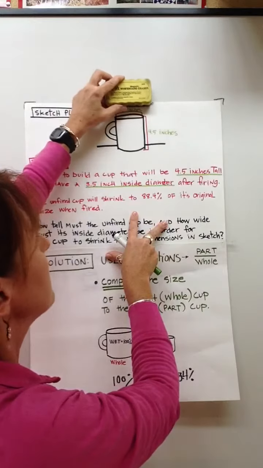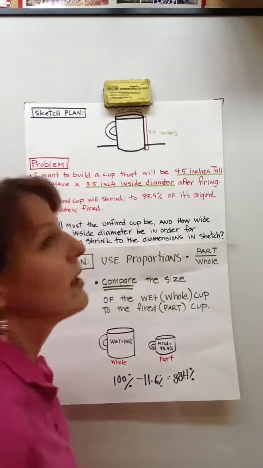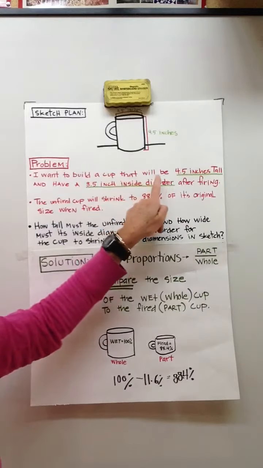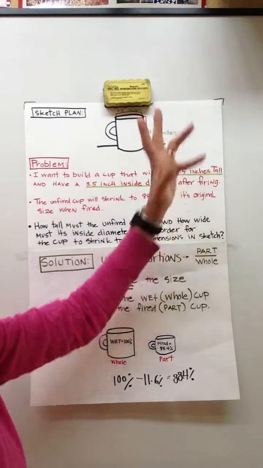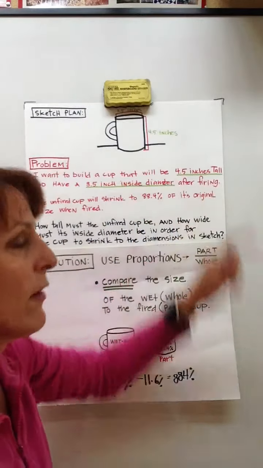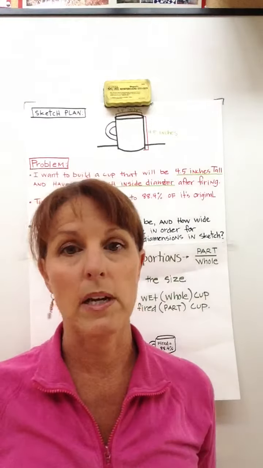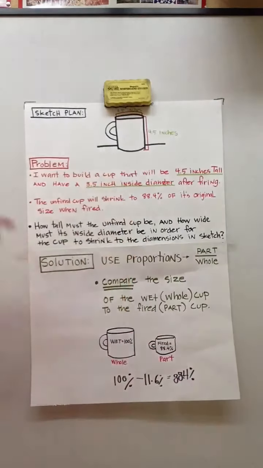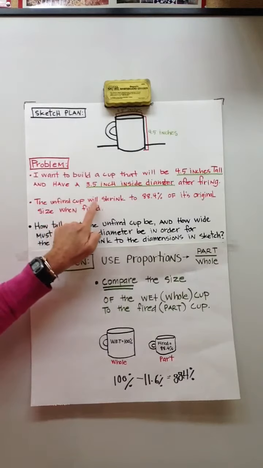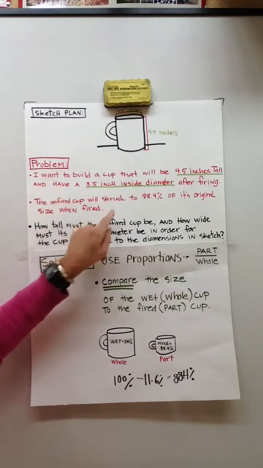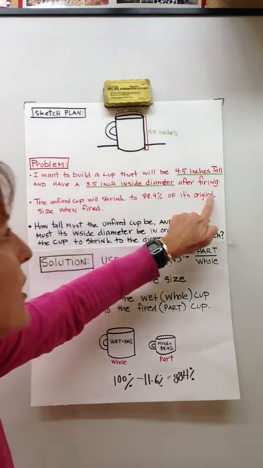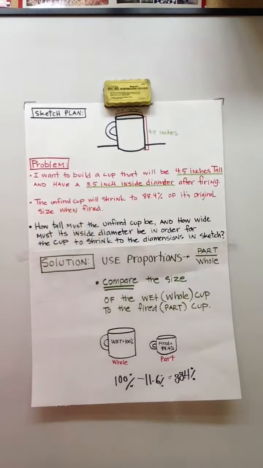I have to put this back because it's a magnet. Okay. The problem is I want to build a cup that will be 4.5 inches tall and have a 3.5 inch inside diameter after firing. So that's how big I want it to be when it's done, when it's all done shrinking. Now, right here it says the unfired cup, or the wet cup, will shrink to 88.4% of its original size when fired.